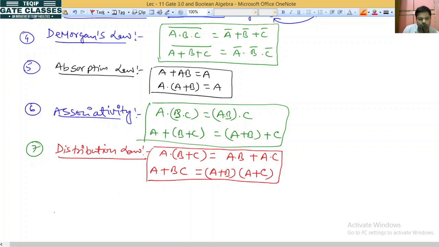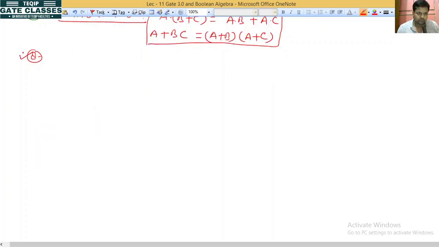Okay. Now 8. This formula is very important. Consensus theorem or redundancy theorem.